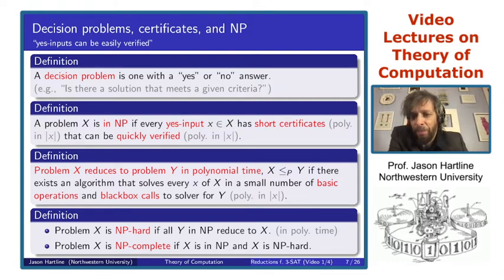Okay, and this is the family of problems that have short certificates that can be quickly verified. And so this is what NP-hard means. NP-complete requires two things. It requires the problem X be in NP, and it requires X also be NP-hard. And so these are the problems in NP that are as hard as any other problem in NP.